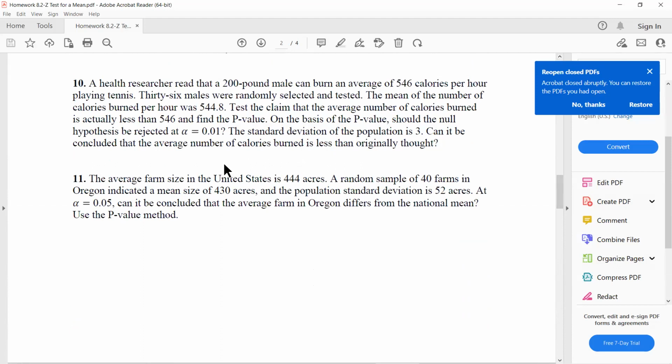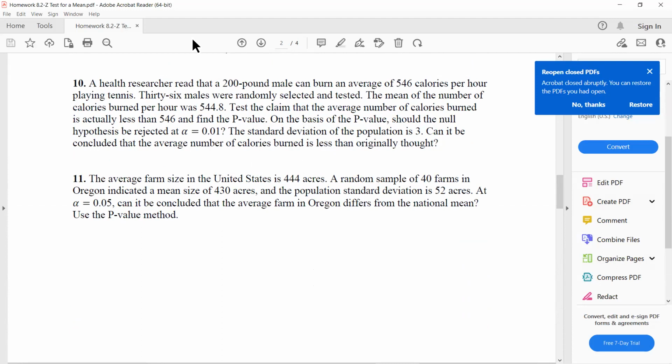A health researcher read that a 200-pound male can burn an average of 546 calories per hour playing tennis. 36 males were randomly selected and tested. The mean number of calories burned per hour was 544.8.